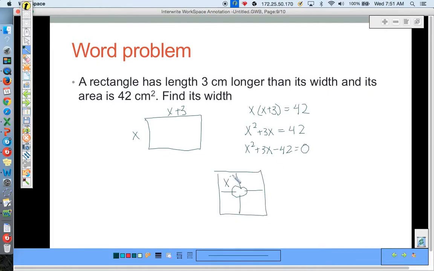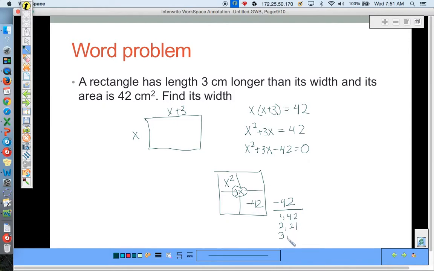So we have our x squared, 3x, and negative 42. If we multiply our a times c, we have negative 42. And we can start listing out those factors. 1 and 42, 2 and 21, 3, that divides in there. What's 42 divided by 3?